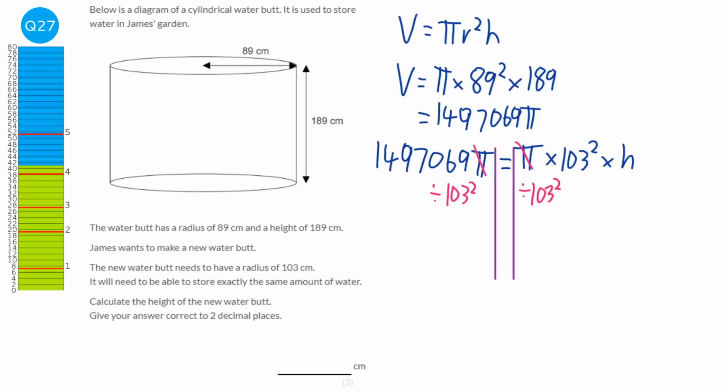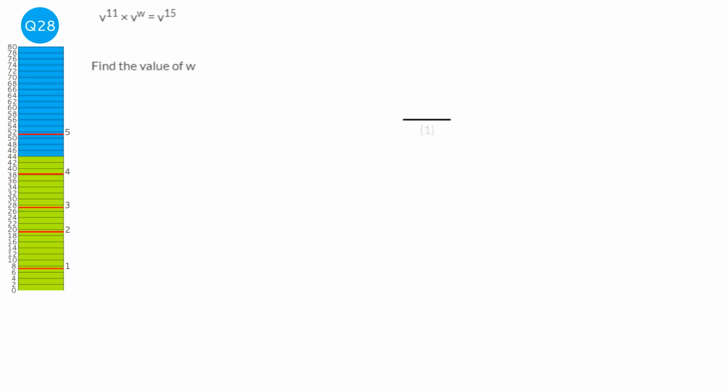And on the left hand side we get 141.113 blah blah blah, and on the right hand side we get h. So the height will be 141.113. It says it wants it to 2 decimal places, so that would be 141.11.